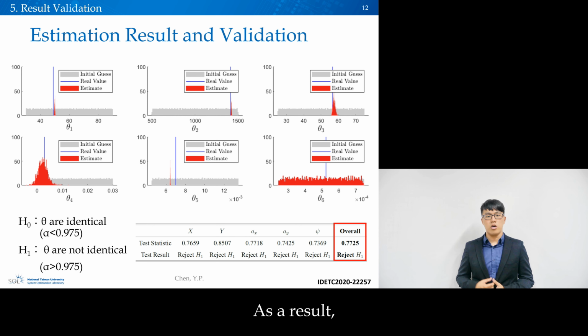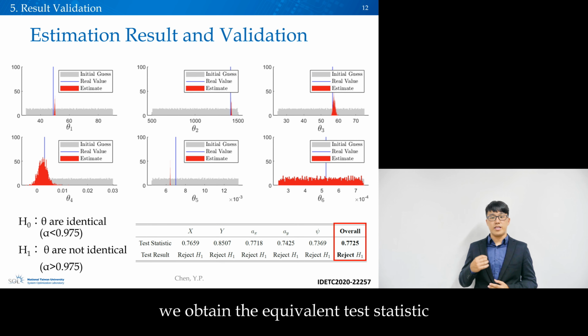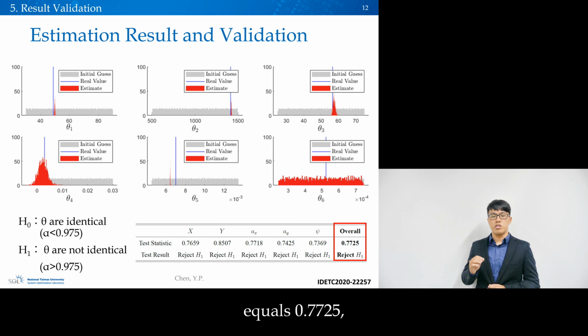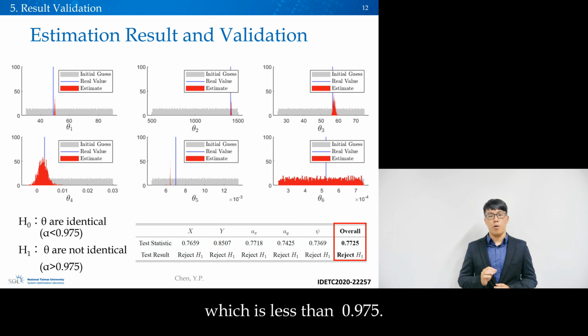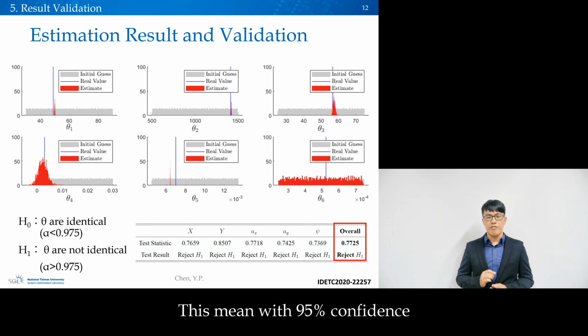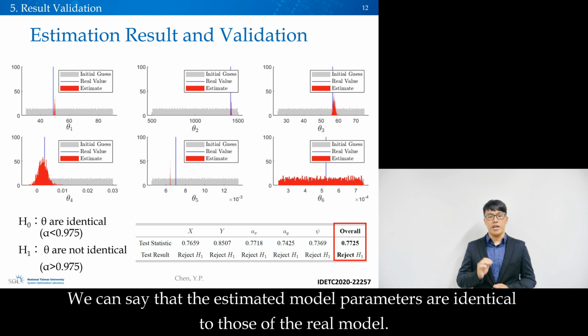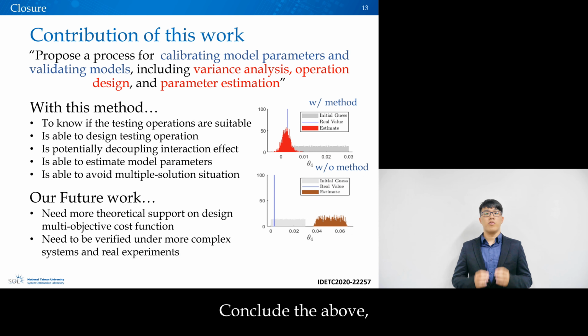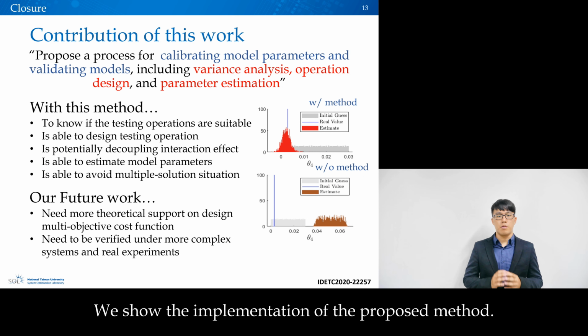As a result, we obtain the equivalent test statistic equal to 0.7725, which is less than 0.975. This means with 95% confidence, we can say that the estimated model parameters are identical to those of the real model. Concluding the above, we show the implementation of our proposed method.